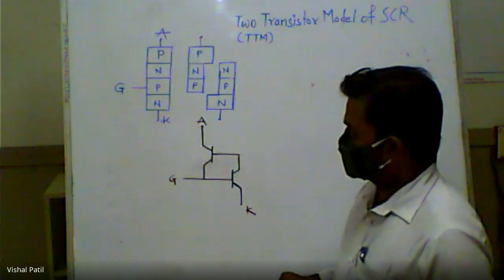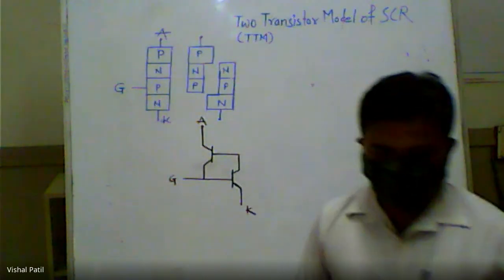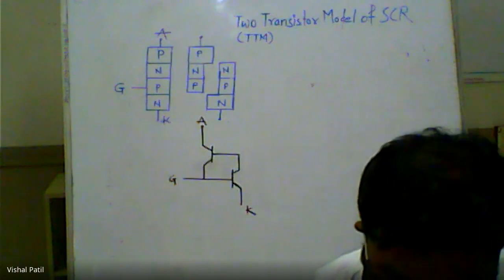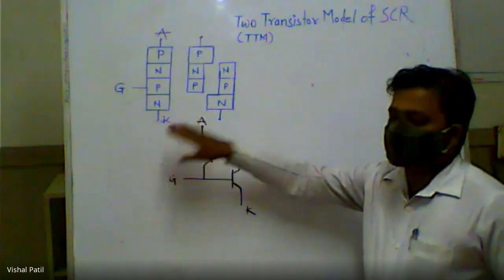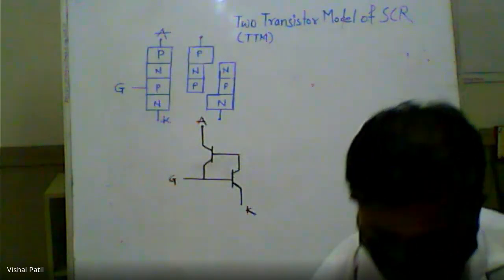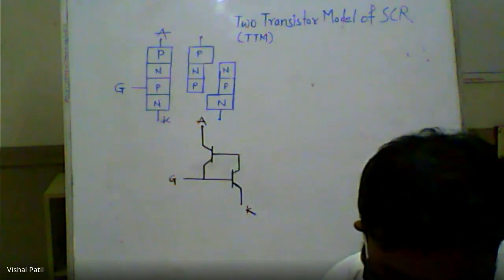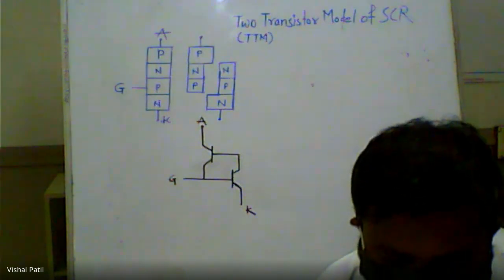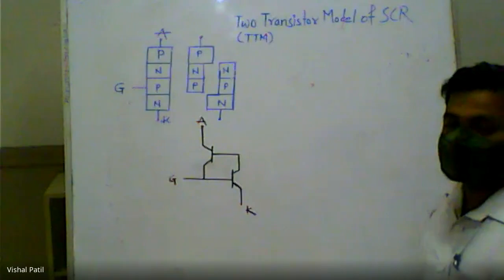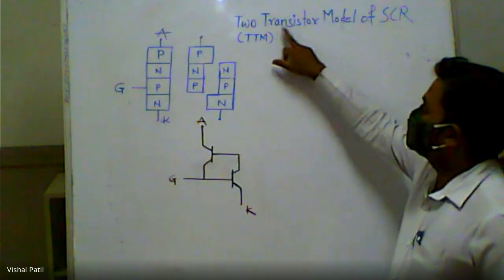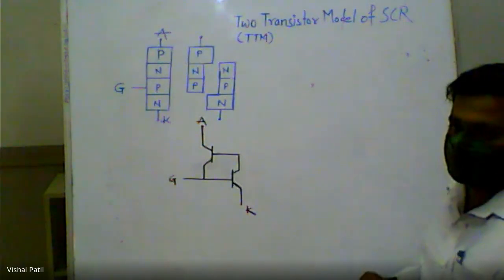But there is one more angle to look towards SCR. You can assume SCR as if there are two transistors connected back to back, and that concept is known as the two transistor model of SCR.